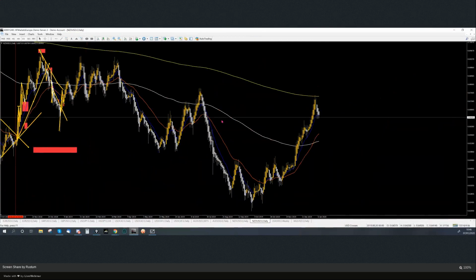Like in this case here, next week we're going to show you trends, like the proper way to identify them. But this here is what I'm talking about. We have something that looks like a trend, but it's not a qualified trend.